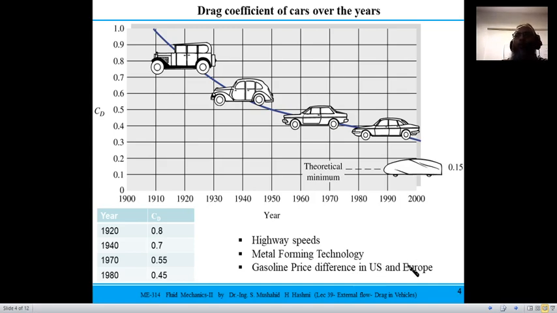So more R&D work for drag reduction took place in Europe, because gasoline prices were much higher due to different taxes imposed in Europe compared with the US. So there have been several instigators over the years for reducing the drag coefficients.